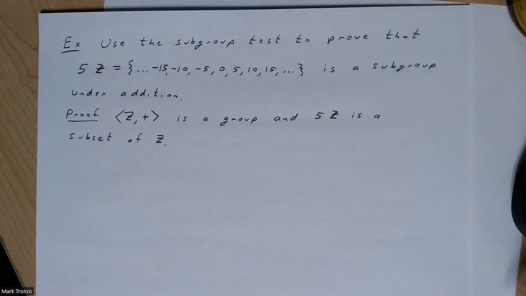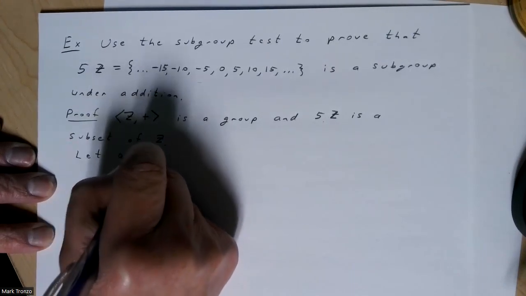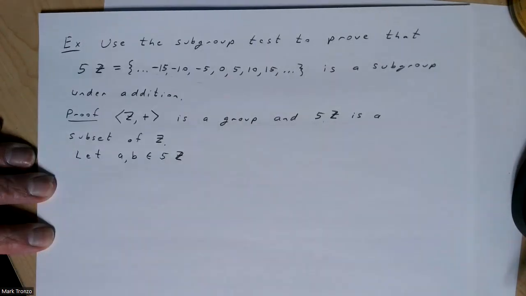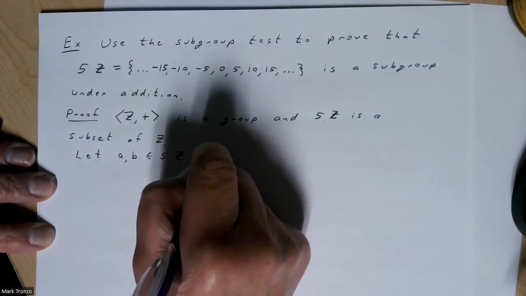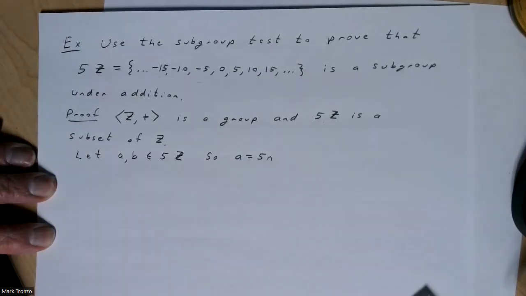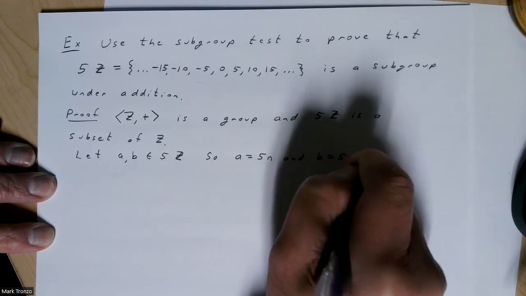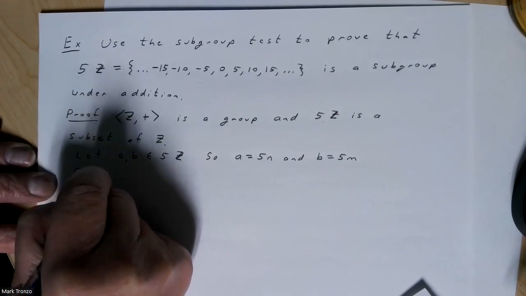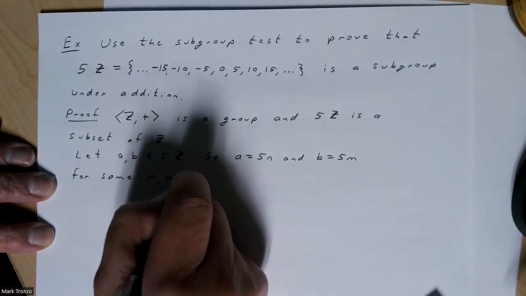So let's see if we can apply that here. Let A and B be in our subset 5Z. Now, what does this mean? A would have the form A equals 5n, where n is some integer, and B equals 5m, for some integers m and n.